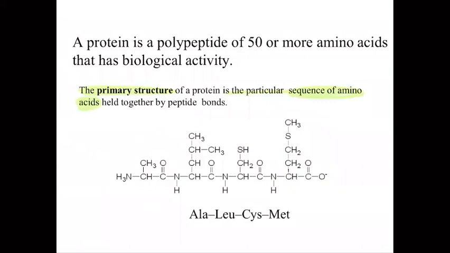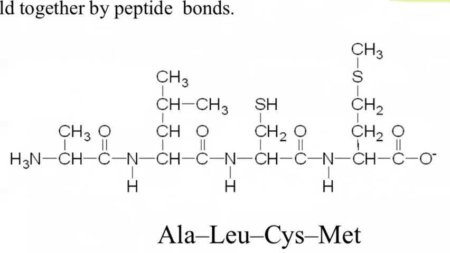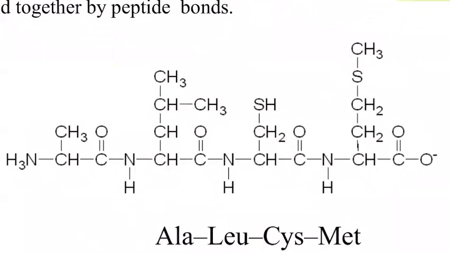To actually show you guys an example, here we have the following peptide. The reason why I'm calling this a peptide is because I'm only showing you a few segments, and there's less than 50 amino acids. So anything less than 50 and it doesn't have a biological function, we call it a peptide, okay? So we have the following peptide.